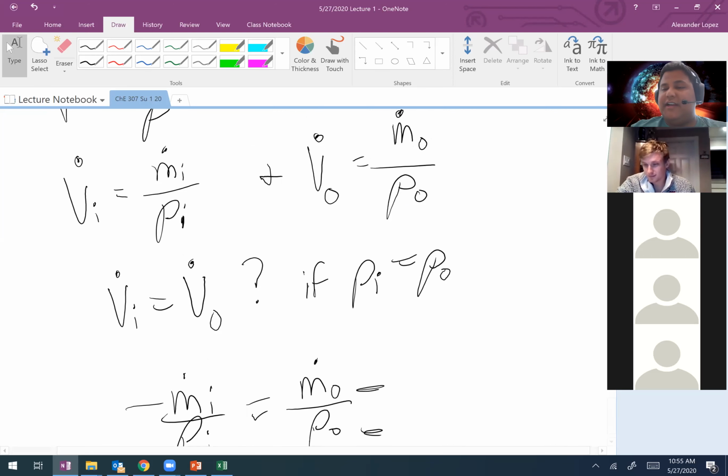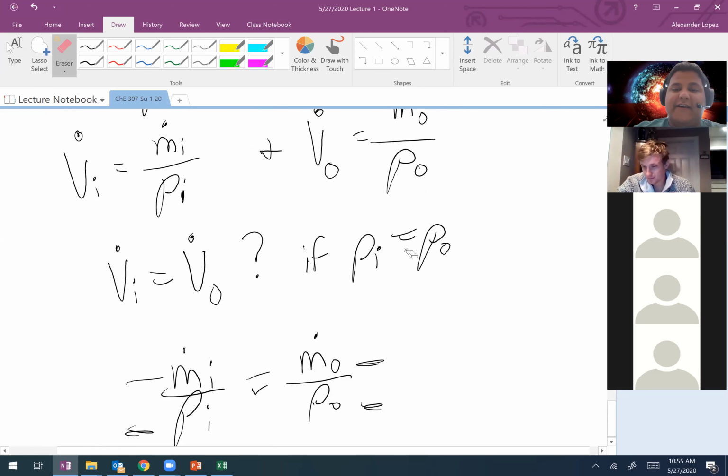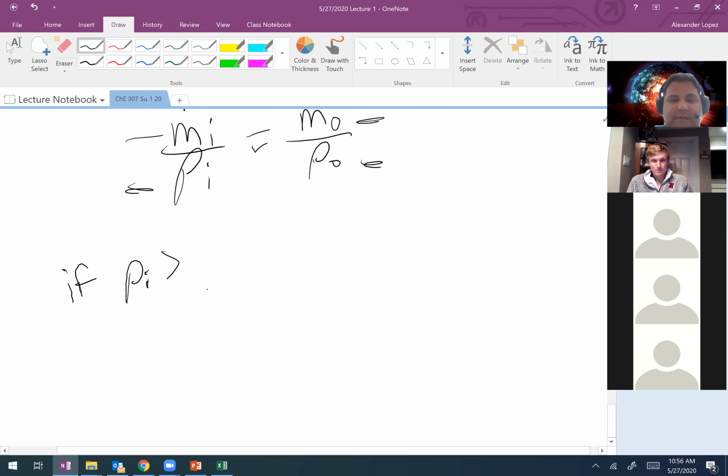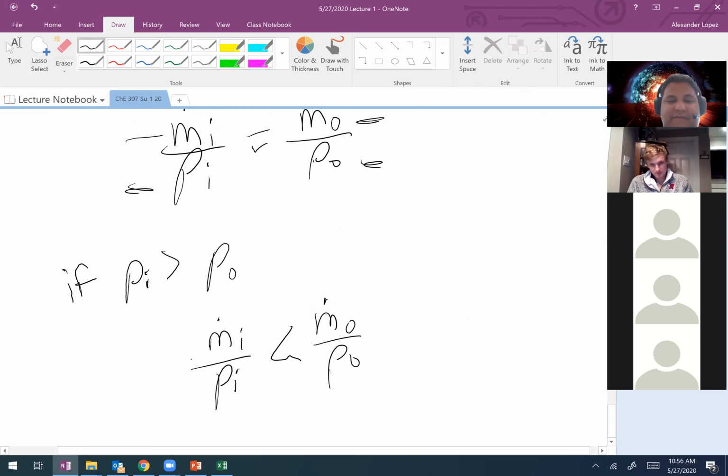Now, the tricky part is if I say the density decreases such that my initial density is higher than my output density, then this changes a little bit. If my initial density is rho_i, then m_i over rho_i is going to be less than m_o over rho_o, if I assume that my mass flow rates are going to be constant.